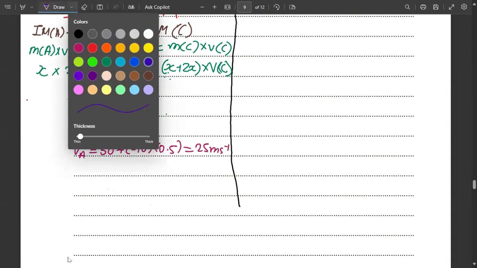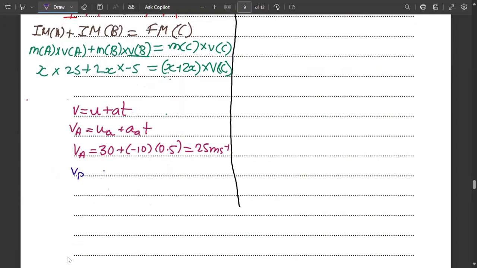Using another pen, velocity of B equals initial velocity of B plus acceleration of B into t. So velocity of B is 0 plus... Now, check this out. Acceleration of B, we earlier took as plus because both were in the same direction. But if we take this as minus and this as 0.5, automatically we'll get the answer as minus 5 meter per second, which we took here.